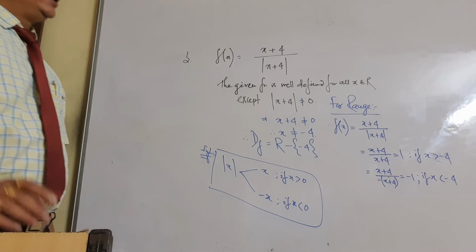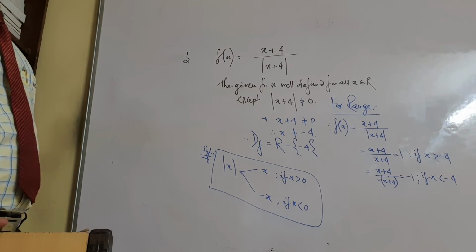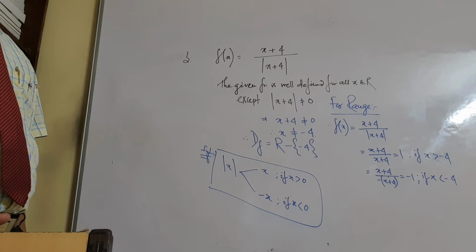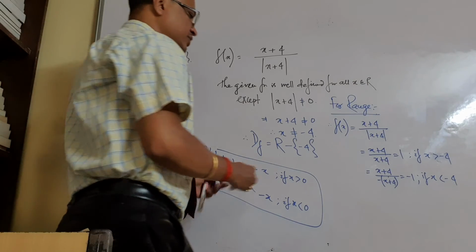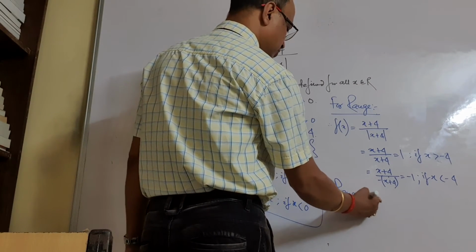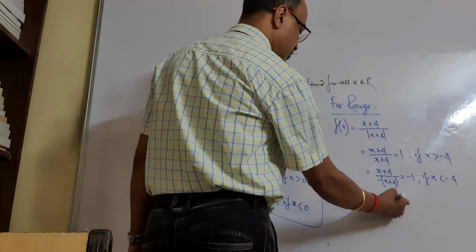So here the possible value of f(x) is plus 1 or minus 1. Therefore the range of this function is minus 1 to 1.